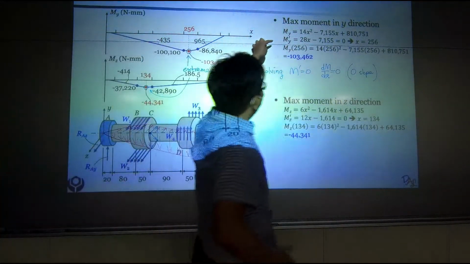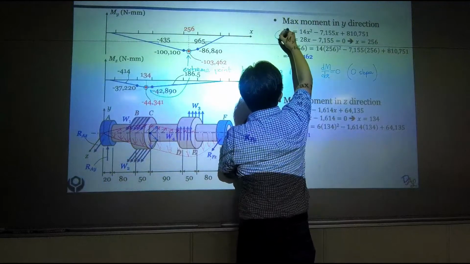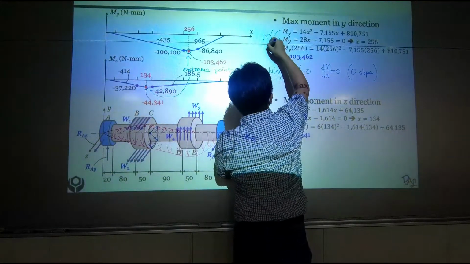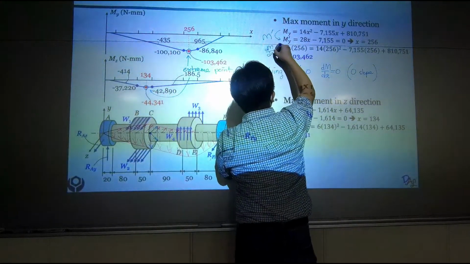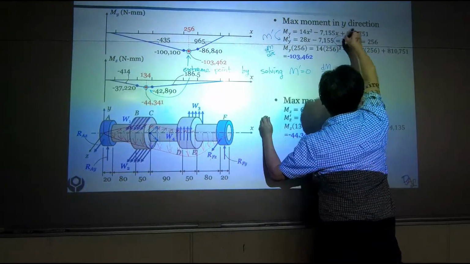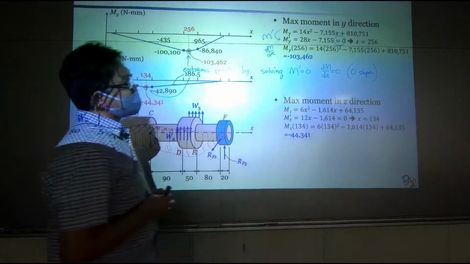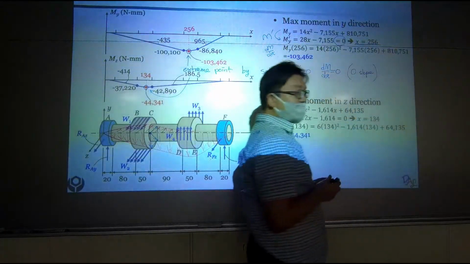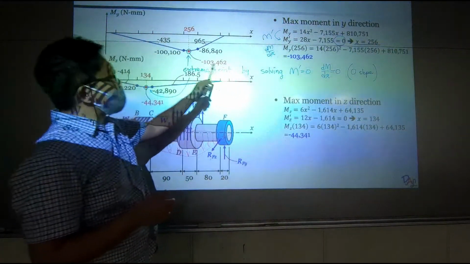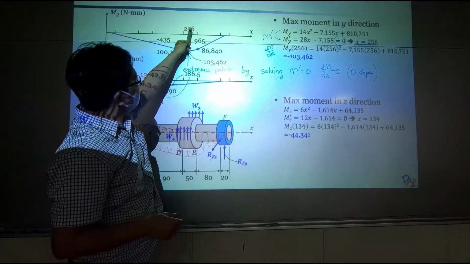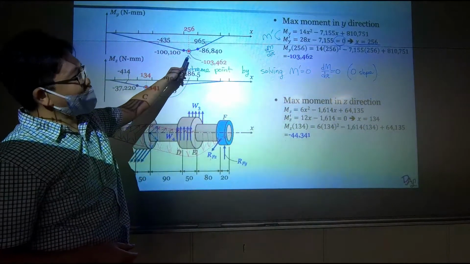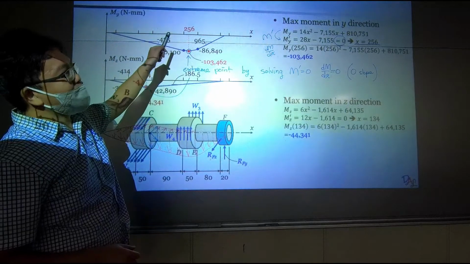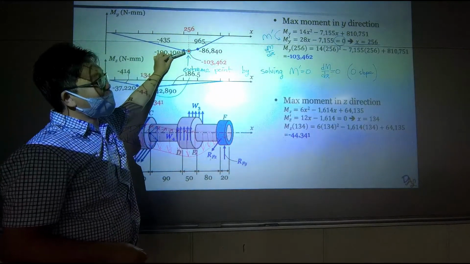So I was doing a derivative, basically dM/dx, and then I consider this as 0. This tells me a position. So at the position of 256, I will have my minimum point of bending moment.